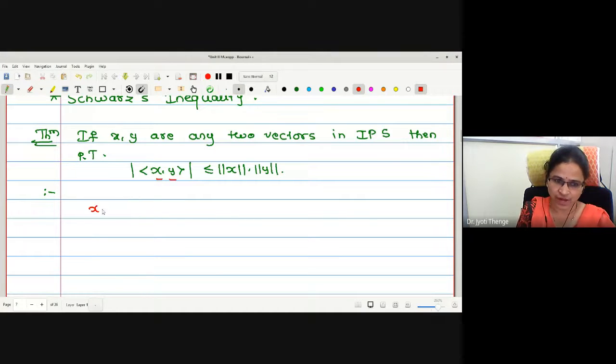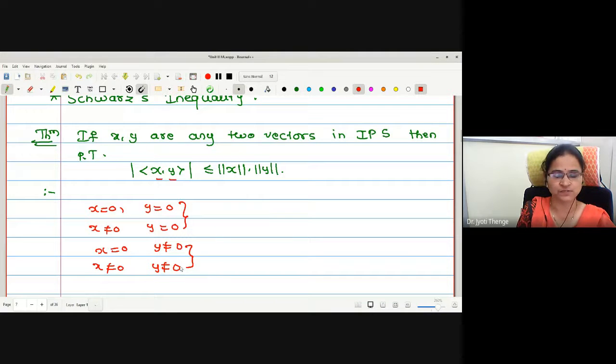What four cases will we have? x zero, y zero; x non-zero, y zero; x zero, y non-zero; and x non-zero, y non-zero. This should actually be four cases. But out of this, we are going to discuss the possibilities for two cases, y equal to 0 and y not equal to 0, or one may discuss for x equal to 0 and x not equal to 0.